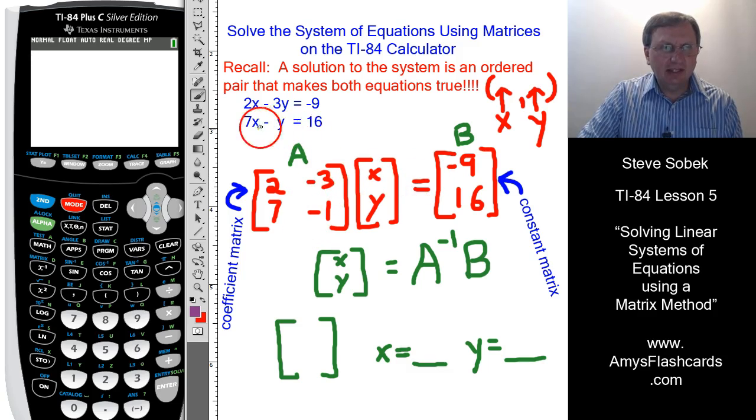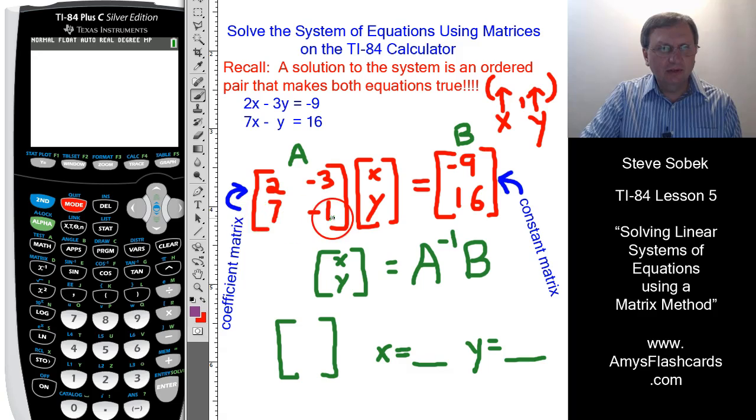Those who've taken systems of equations and written them in matrix form, then you recall it would look like this, where matrix A is what we call the coefficient matrix, and it's comprised of the coefficients of the variables. The first row, 2 and negative 3, those are the coefficients of x and y in the first equation. See, there's the 2, and there's the negative 3.